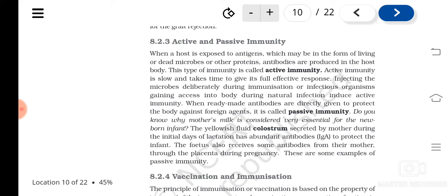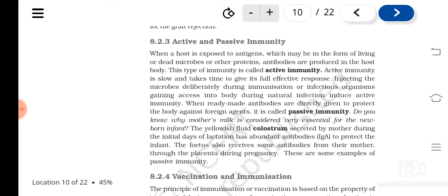Passive immunity. For example, you might have taken anti-tetanus toxin when any wound or any cut happens in your body. Why are you taking it? Actually bacteria can cause tetanus, and if the TT is taken, that can be prevented.